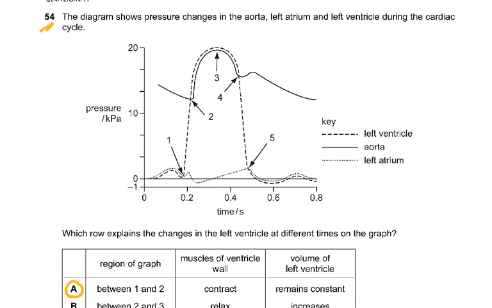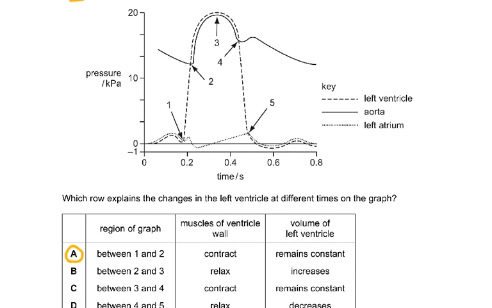Number 54, the diagram shows pressure changes in the aorta, left atrium, and left ventricle during the cardiac cycle. Again, the same graph, but this question is a little different. Which row explains the changes in the left ventricle at different times on the graph? The region of the graph between 1 and 2: the muscle of the ventricle wall is contracting and the volume of the left ventricle is constant.